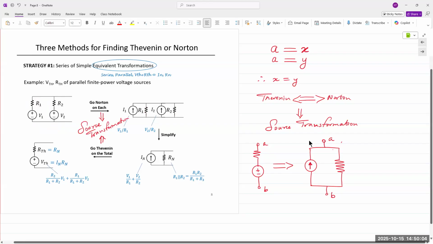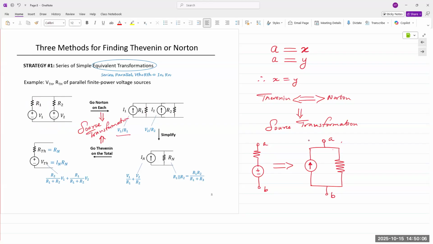Use Ohm's law to find I1 and I2. Once we have those values, we can add up the two currents, find the Norton current as V1 over R1 plus V2 over R2, and we can find Rn as a parallel combination of R1 and R2.